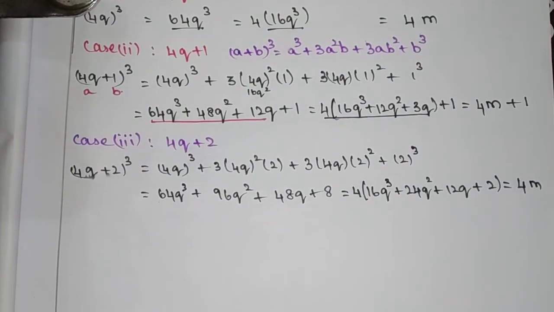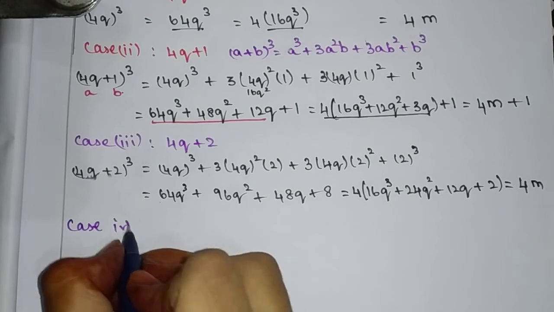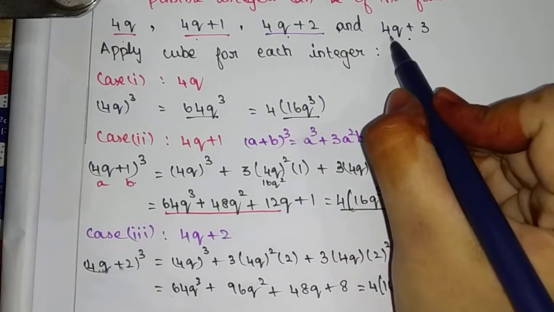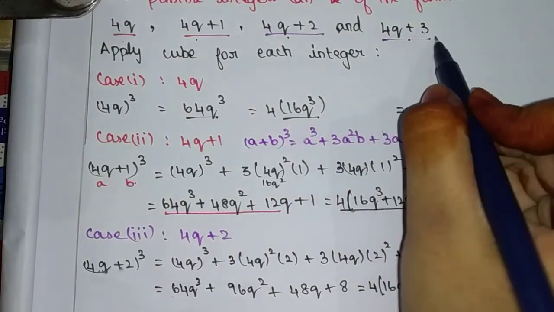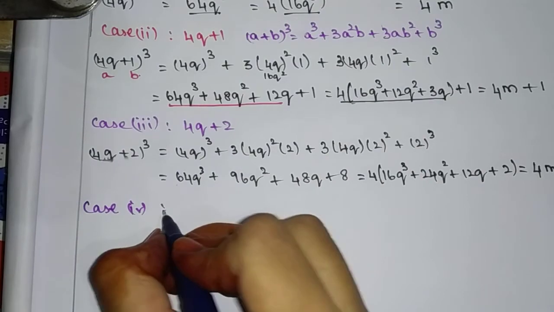So now we can go into case 4. Case 4 is the fourth, that is the last integer, 4q plus 3.